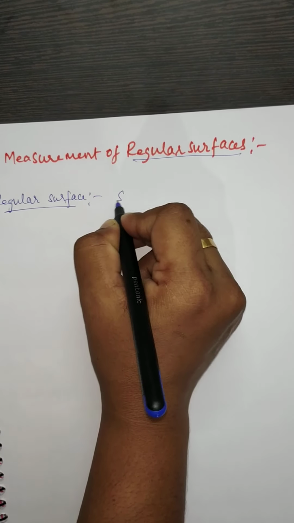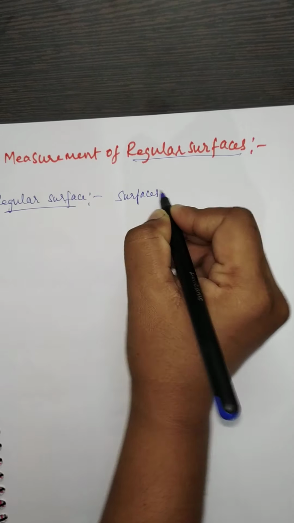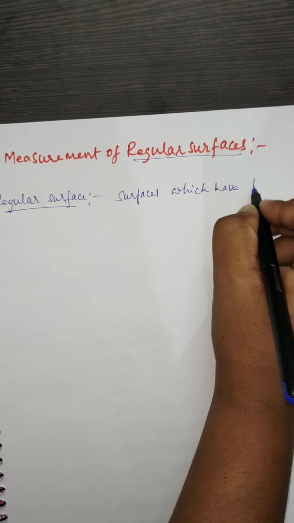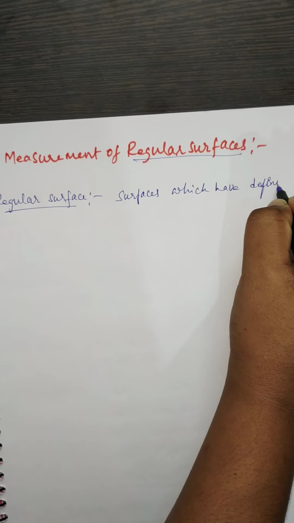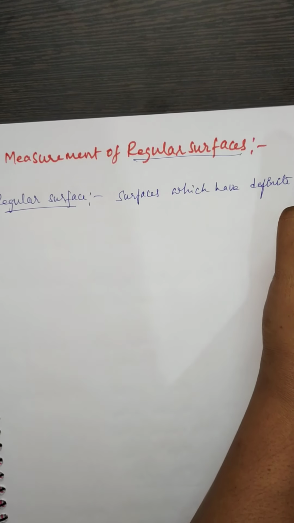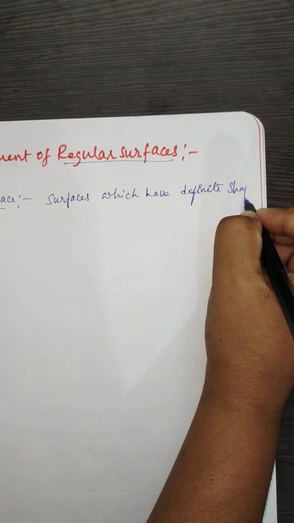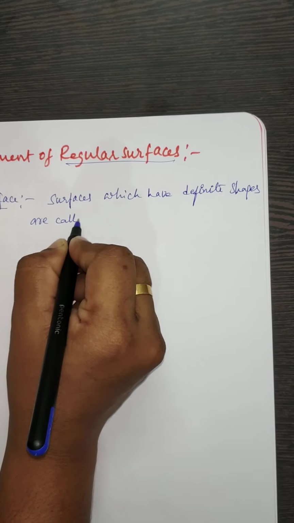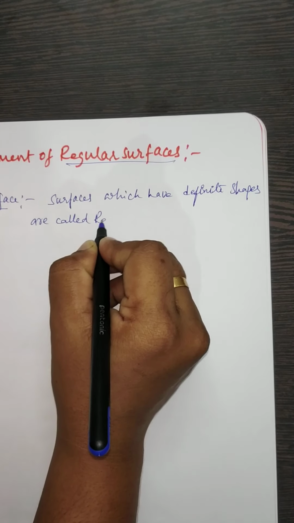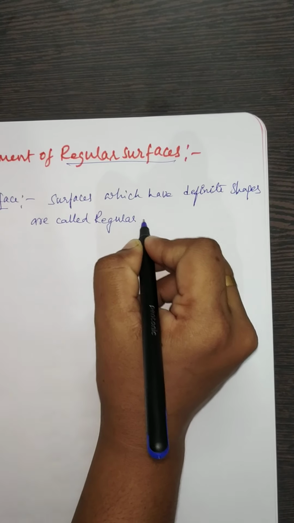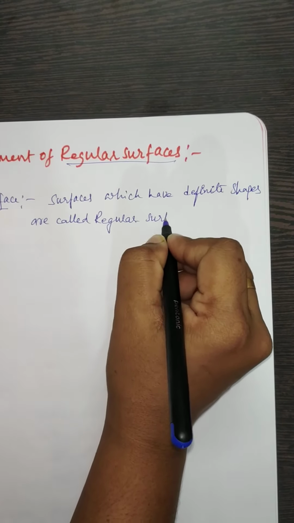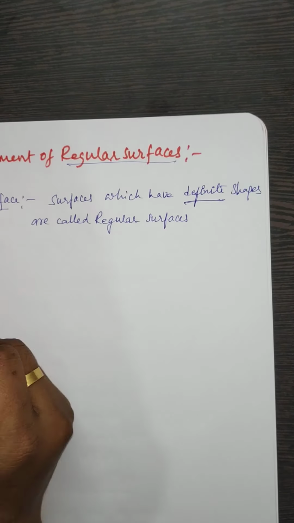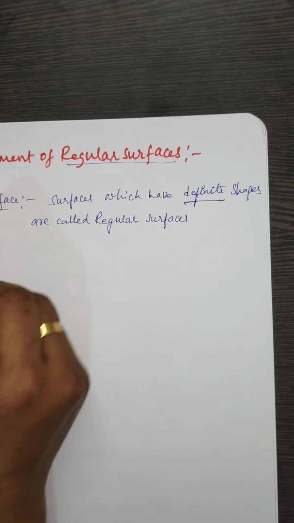Surfaces which have definite shapes are called regular surfaces.